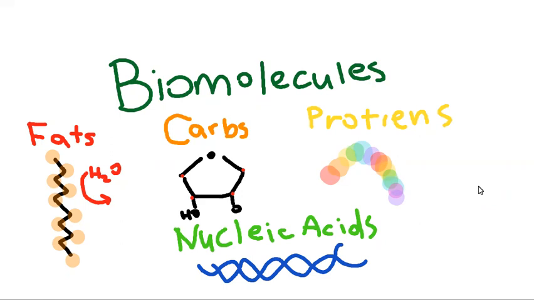Moving on to carbs, think about your sugar in your cabinet. Carbs is really an umbrella term for carbohydrates, and there are lots of different types of carbs. Potato has carbs in it, pasta, other types of vegetables and things like that. And also just your simple sugar.